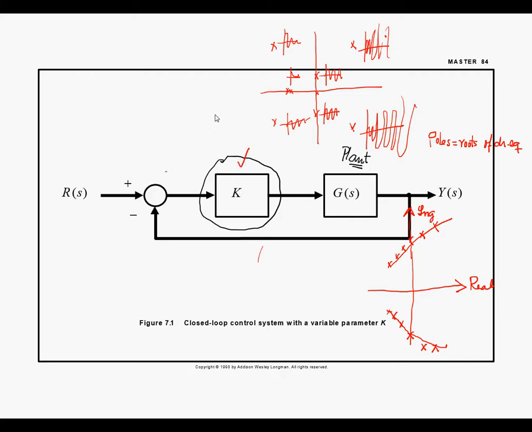So k is going to go from 1, let's see, to infinity, like this. So the basic concept of the root locus is, can we plot the changes of the position of the poles as a function of the change of the value of k? Very simple concept, all right?